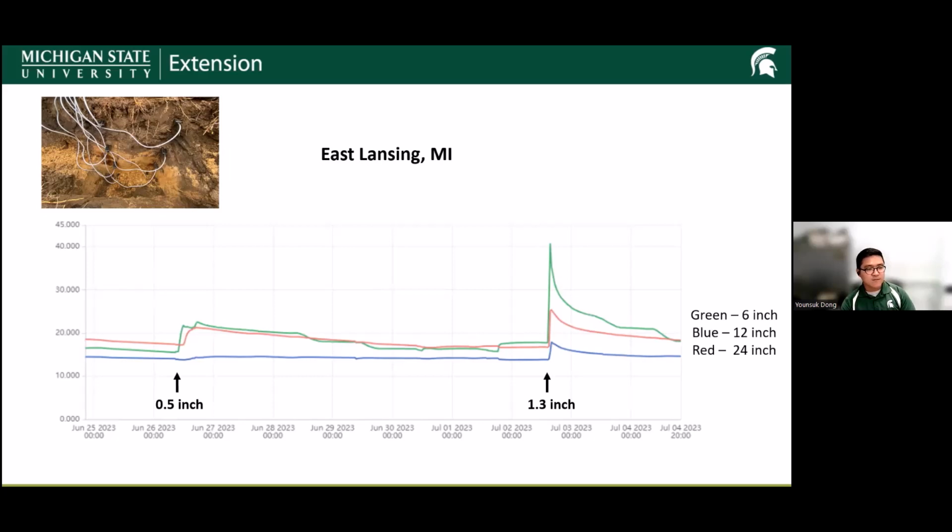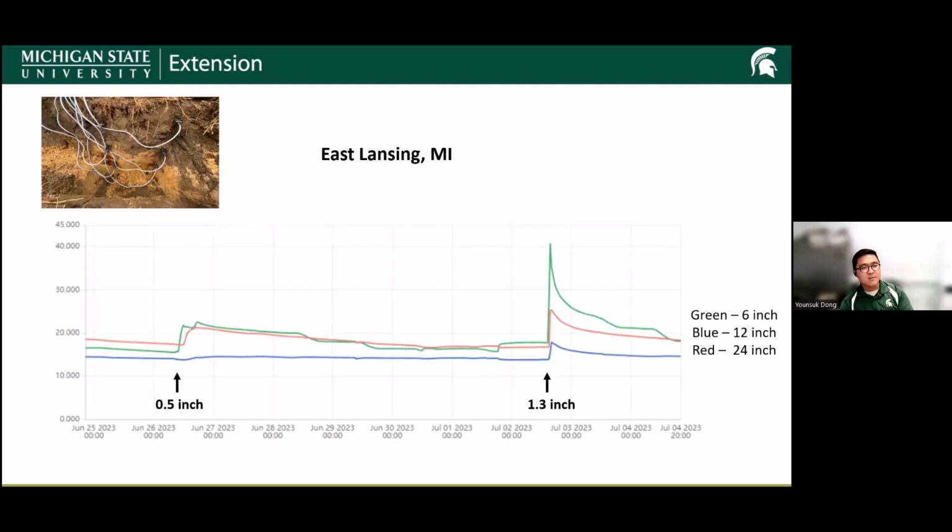This sensor is in East Lansing, Michigan, at South Farm on campus. The half-inch application on June 26th wet the soil, it looks like all the way down. And the 1.3 inches we got over the weekend also wet the soil all the way down.